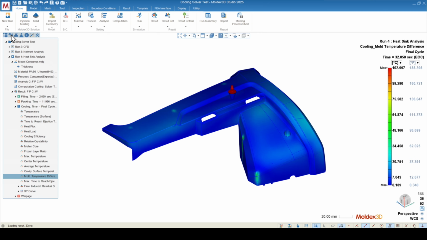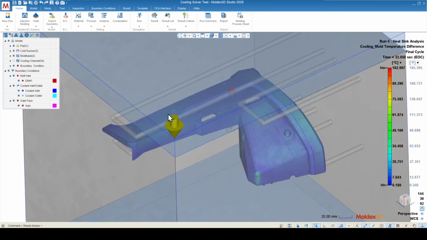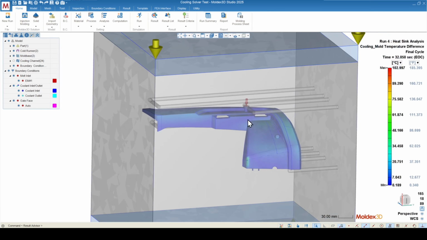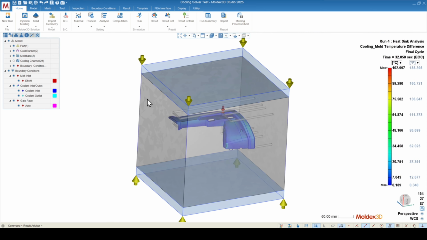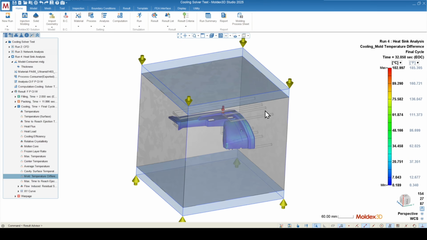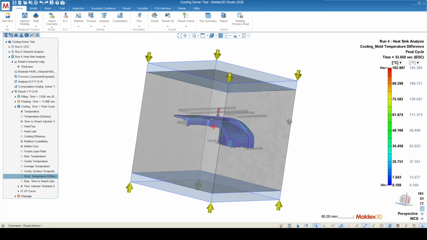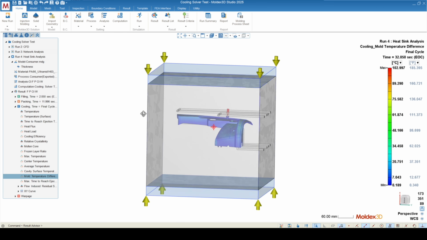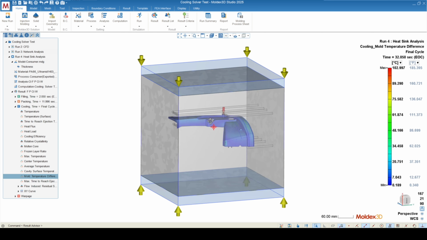But all the items here allow us to understand the impact of our cooling channel system on our mold. And so if I were to go into my mold base, even though this is a very simple cooling channel analysis style, this is that heat sink analysis where we're just treating the cooling channels as effectively like a cold heating rod with some convective and conductive heat transfer coefficients.